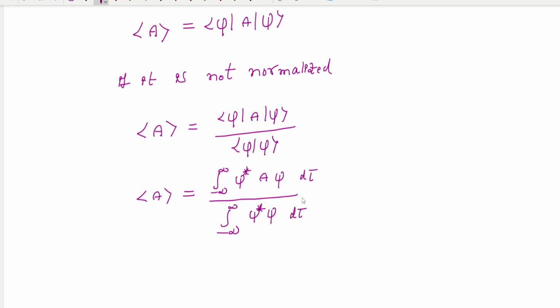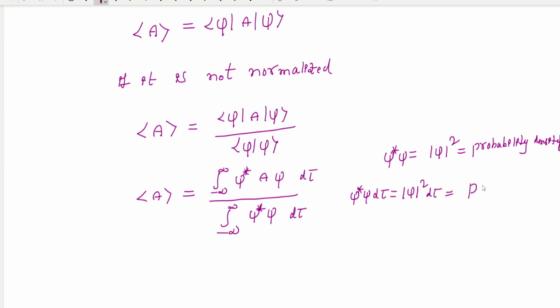Psi star psi, this is the probability density. Okay. And psi star psi d tau, this is the probability.